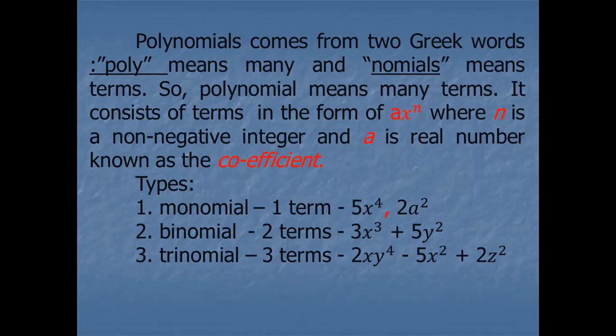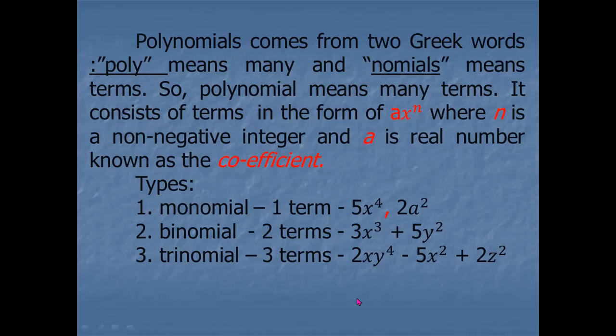Okay, thank you. Now, polynomial comes from two Greek words. Poly means many and nomial means terms. So they are combined: many terms. That is why it is important that we understand what the coefficient is and what the power, or the exponent, is.